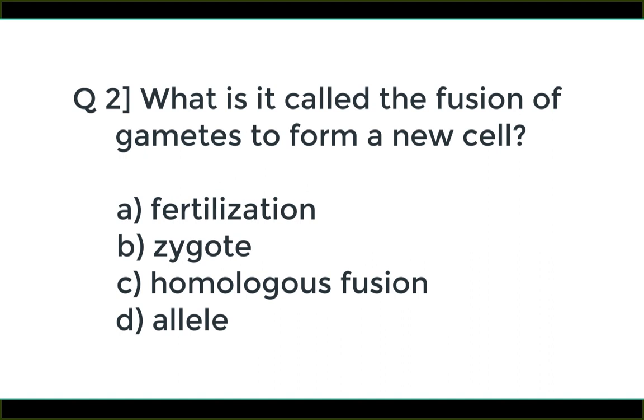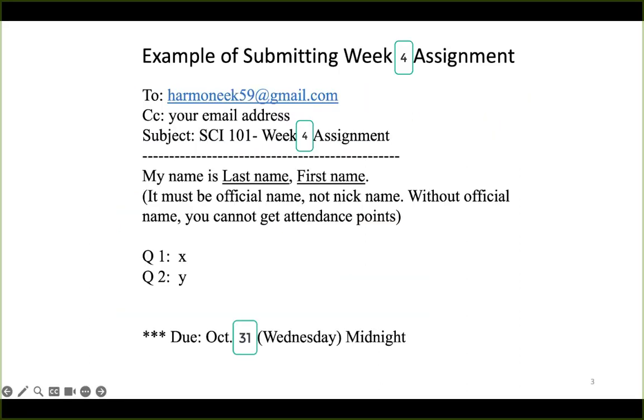Second question: What is it called, the fusion of gametes to form a new cell? This question is asking about a biological term. The fusion of gametes, such as egg and sperm, to form a new cell called a zygote. What is this phenomenon called? You can find the answer from the lecture.